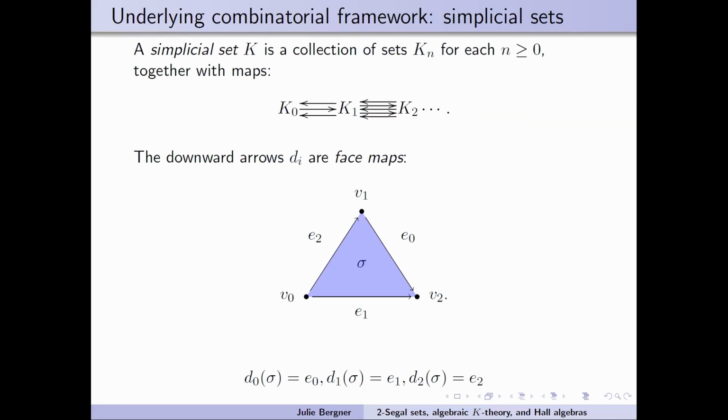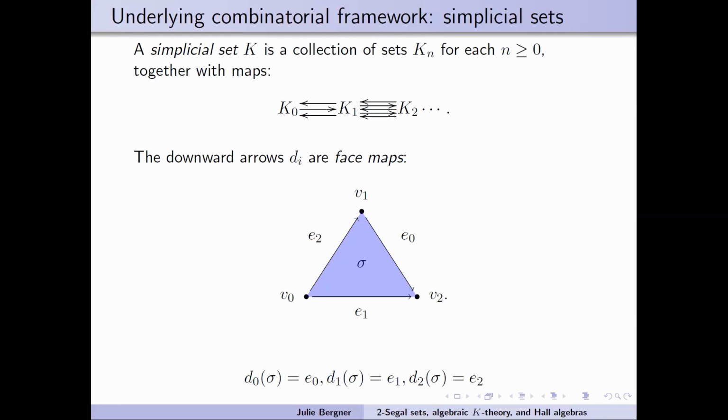So a simplicial set. If you're familiar with simplicial complexes, you can have that as a starting point. This is a collection of sets K_n for every n ≥ 0, and then we have a bunch of maps. If it's hard to read, there are two maps going down from K1 to K0, one going up.